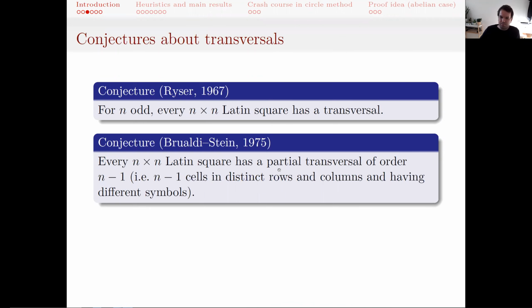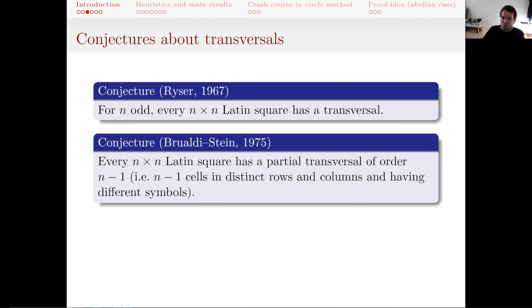A partial transversal of order n minus 1 is basically the same thing: you just need to take n minus 1 cells in distinct rows and columns, so that they all have different symbols. Obviously you wouldn't be able to have all the symbols inside them, but you still require that they are all distinct.